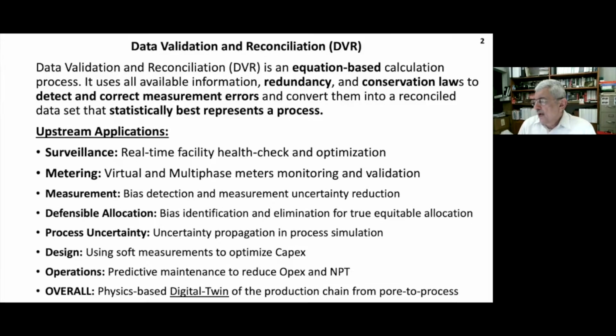And overall, as was described earlier, really the closest that we come to a physical-based sort of digital twin for the production chain is actually DVR, because you're considering all the data in that process, and next to your set of measured raw data, you have the set of reconciled data that try to mimic or be as close as possible to the measured data when the data is correct, but eventually points to the measurements that are spoiling the process and getting out of course and causing potential problems.